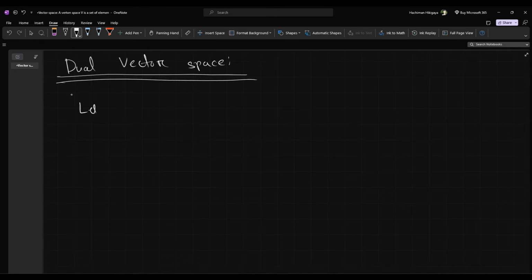Let's say our vector space is V. Now its dual is defined as V star. It's a map that takes an element from V and maps it to R.